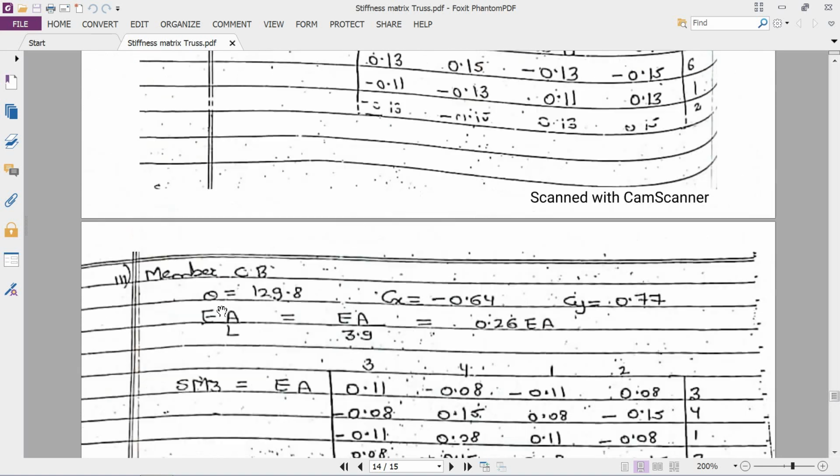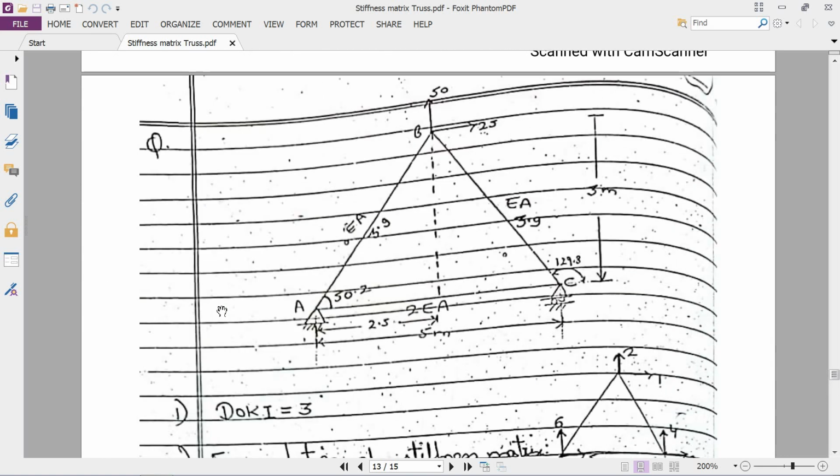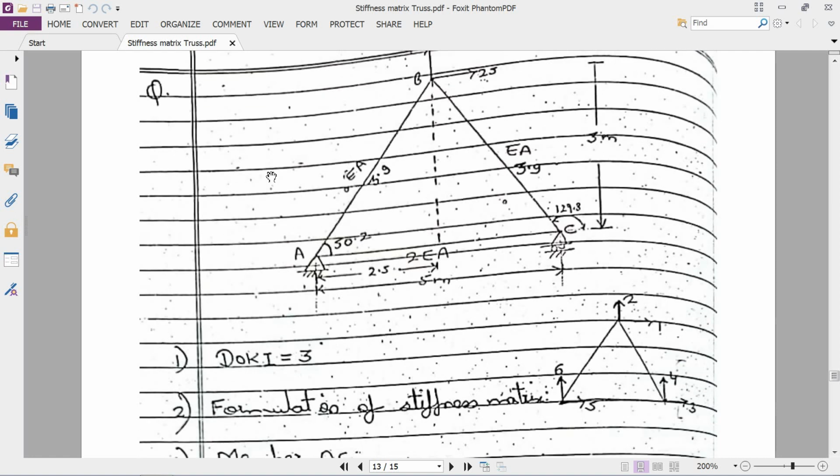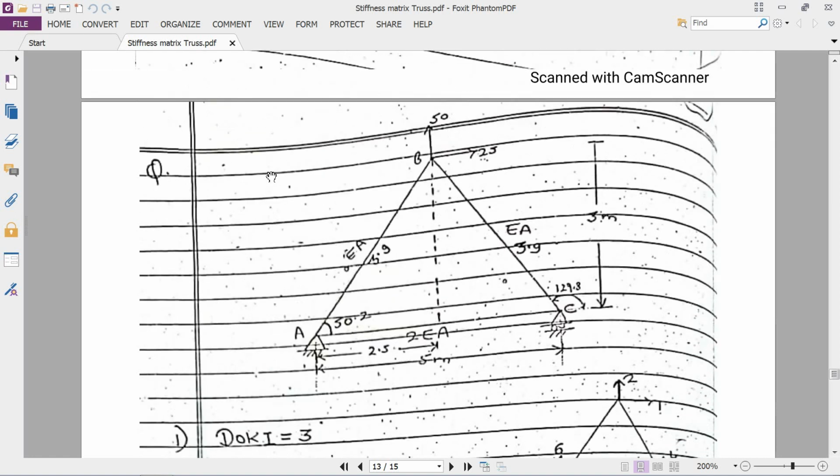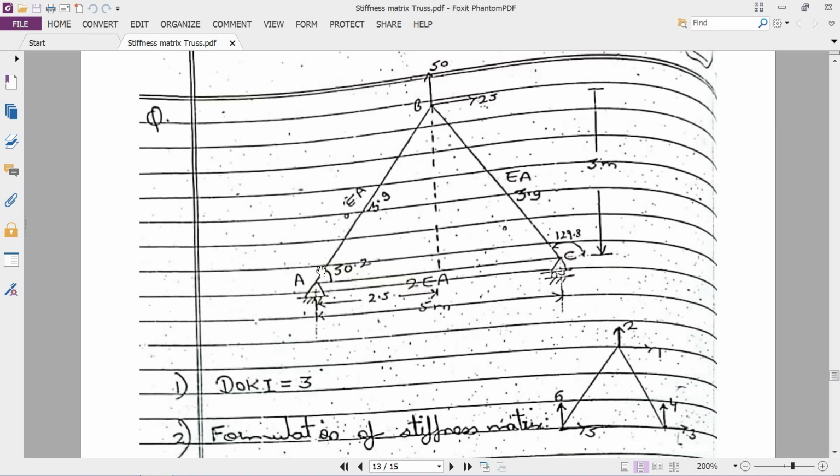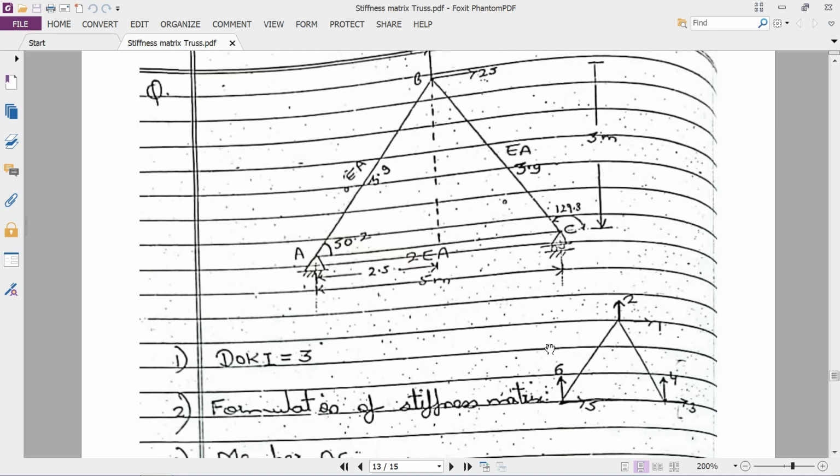So here, first of all we have to identify on which point we have to calculate the unknowns. As shown on the screen, first of all we have to draw the coordinates on the truss geometry.